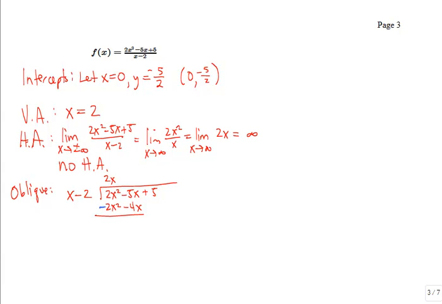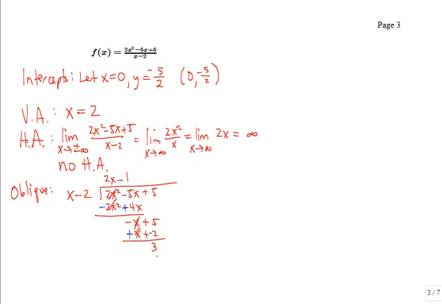So this becomes minus, this becomes plus, which means these guys cancel out. Negative 5x plus 4x is negative x, and I bring the 5 down. Now x times a minus 1 will be minus x, and negative 2 times negative 1 is positive 2. So when I change my signs, this becomes plus, this becomes minus, and my remainder then is 3.